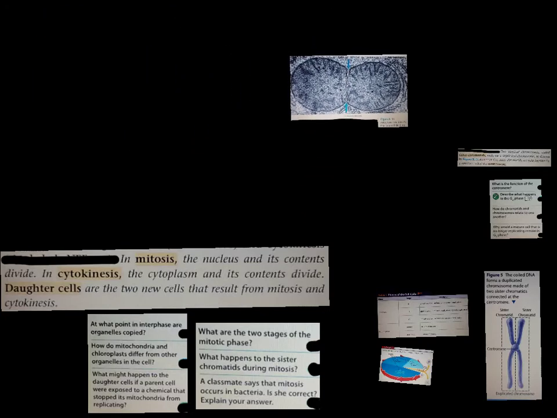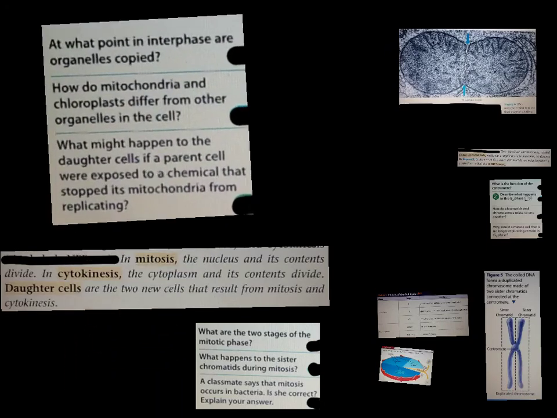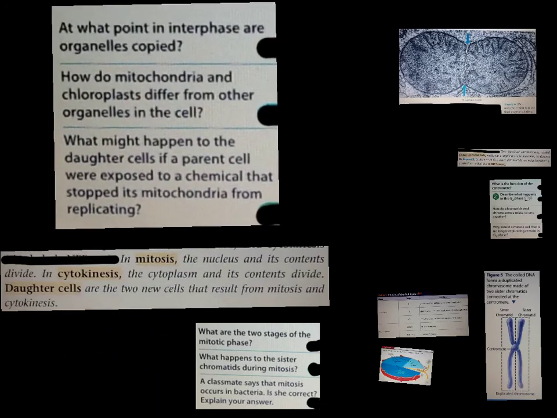All right, so the next thing I want you to do is to write one of these three questions in your science journal and answer it. At what point in interphase are the organelles copied? The second one, how do mitochondria and chloroplasts differ from other organelles in the cells?